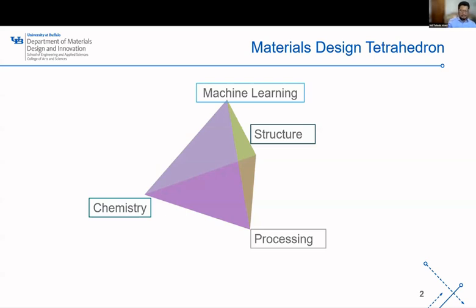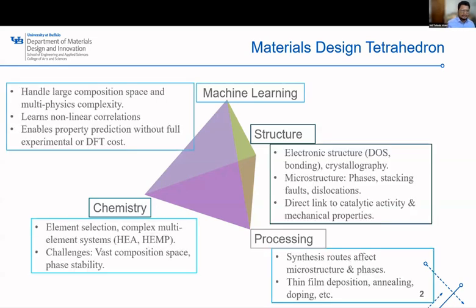So we start with the concept of the materials design tetrahedron. There are four main key areas in this design: chemistry, structure, processing, and properties. In my work, I use this concept across different length scales.